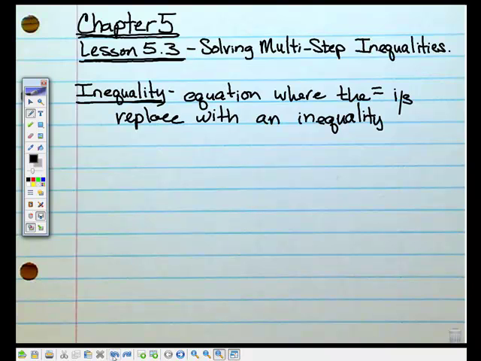And when we say inequality symbols, we mean symbols that mean something different than equals.